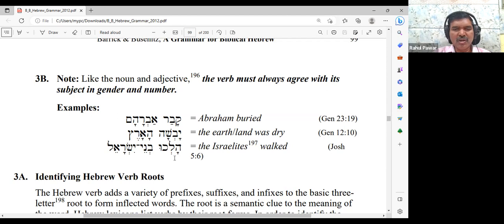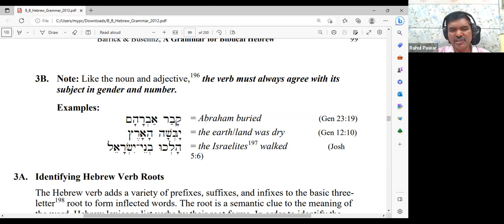And here, halchu bene Yisrael, the Israelites walked. See here the u ending, plural ending. Because the Bene Yisrael are plural, therefore the verb is also plural. Here, earth, ha'aretz, is feminine in gender, therefore yavesha is also feminine.